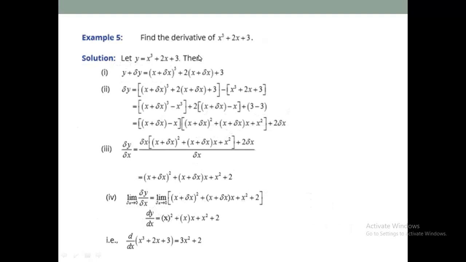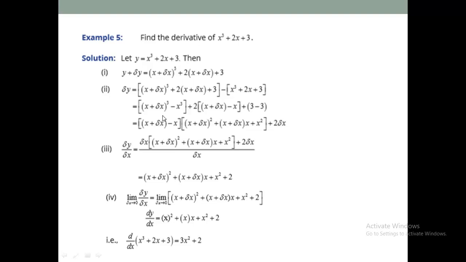Now in this question we replace y by y plus delta y and x by x plus delta x, and also this x by x plus delta x. Then we subtract left from left side, y minus y is equal to delta y, and this side minus this value.